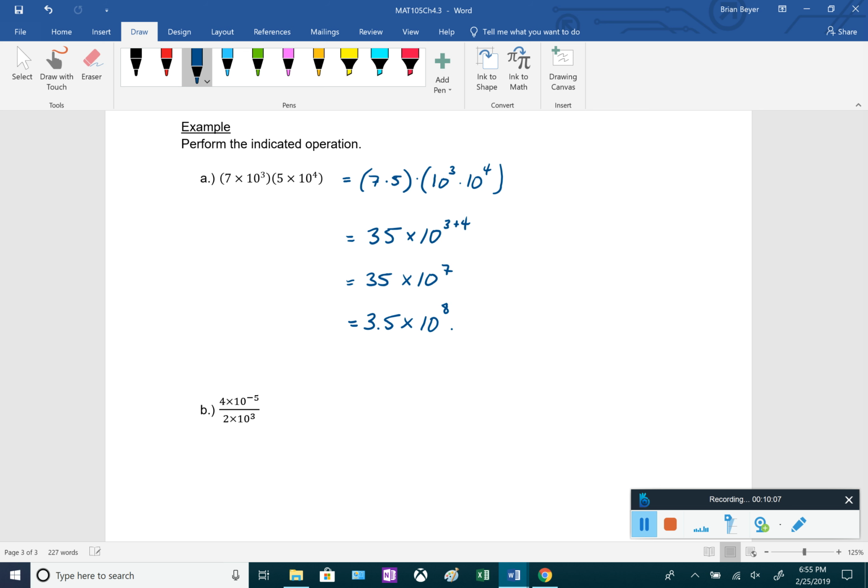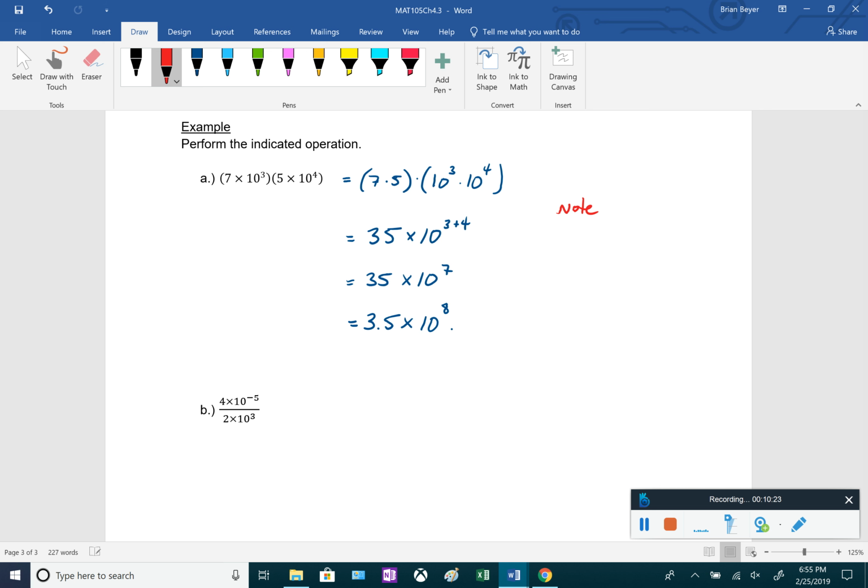Okay, so you can double check that 3.5 times 10 to the 8th is the same as 35 times 10 to the 7th by putting them both in decimal form if you wanted to, but that's a little bit tricky for that one.